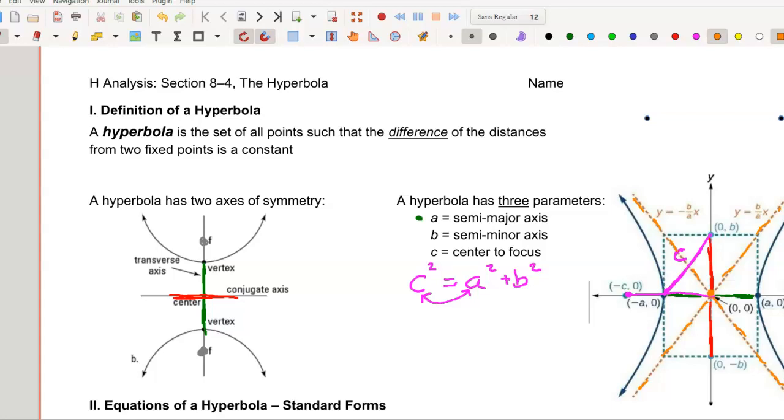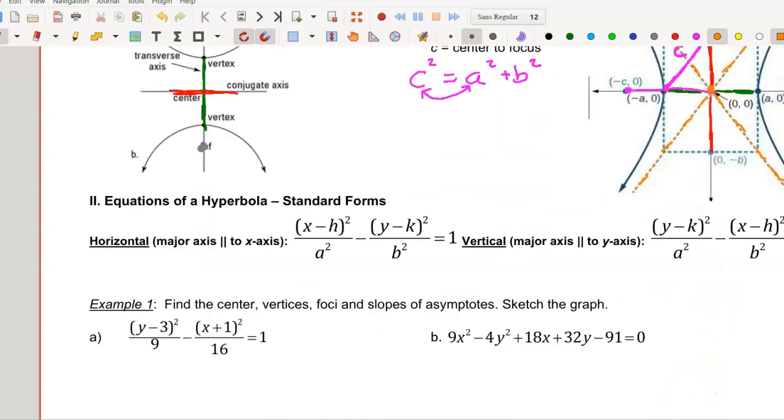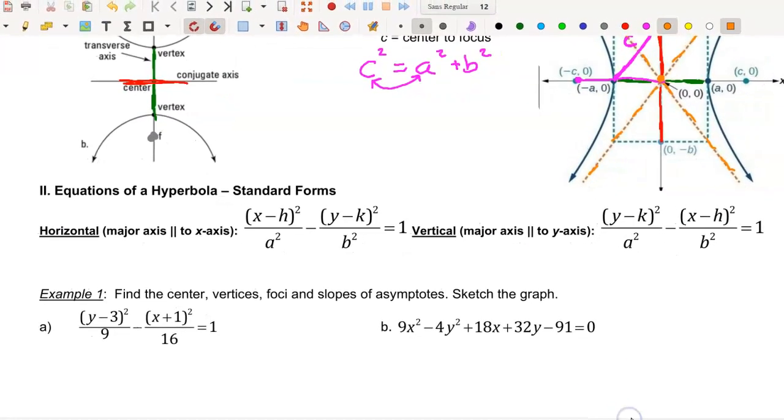Okay? So, just like before, we have two different forms. We have this form, and it's slightly different, just slightly, not that big of a difference. You'll notice that A is first, no matter what. So on both of these, A is first. If X is first here, you know it's going to open left-right, horizontal.